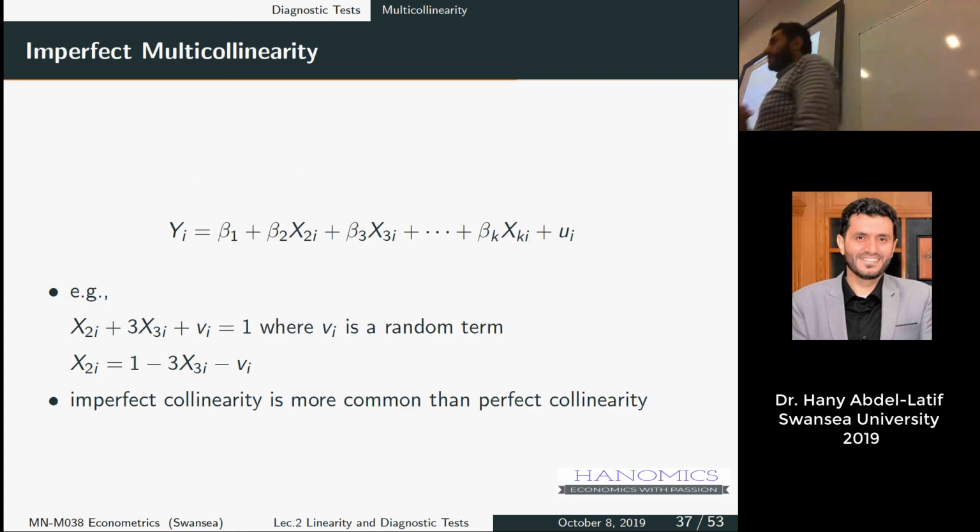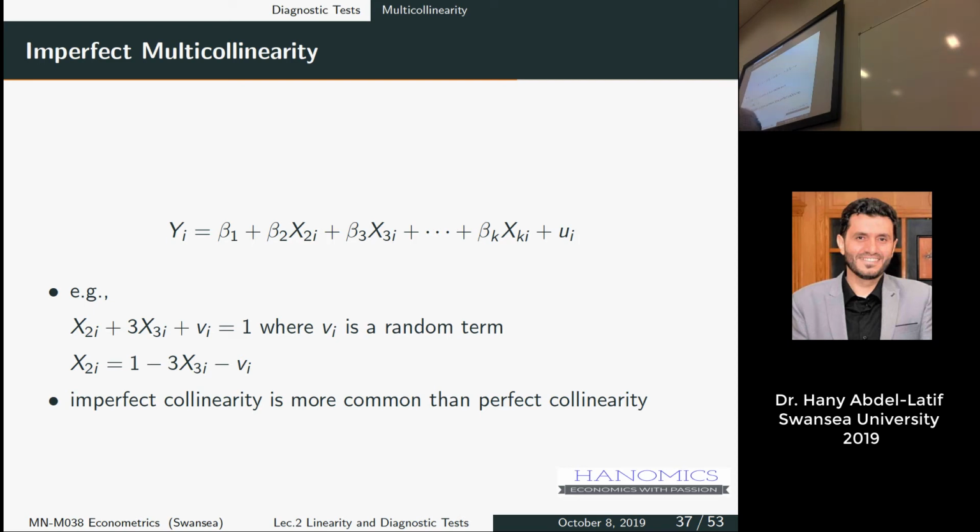What we see in practice is imperfect multicollinearity. So there's some correlation between the variables, but this correlation is not 100%, it's not perfect. It's somehow high, to some level.